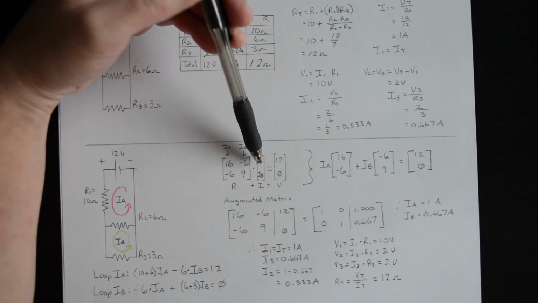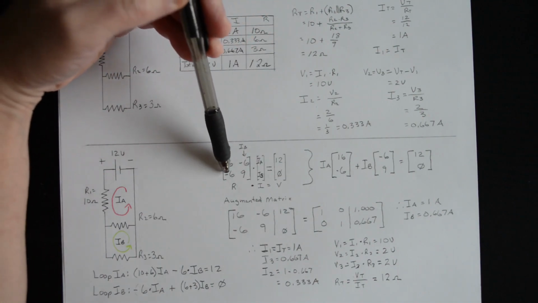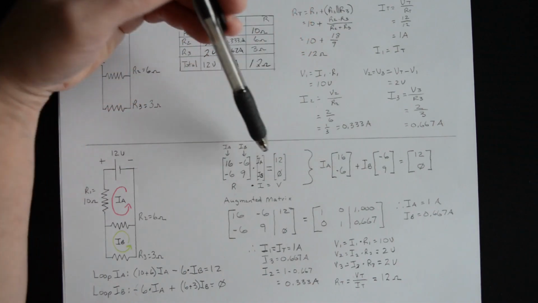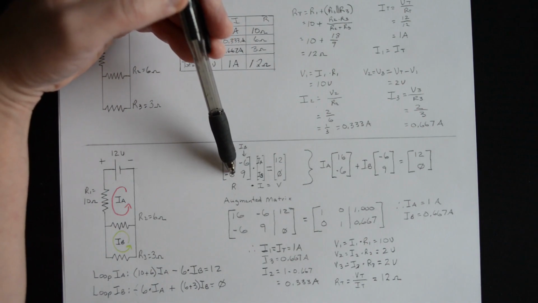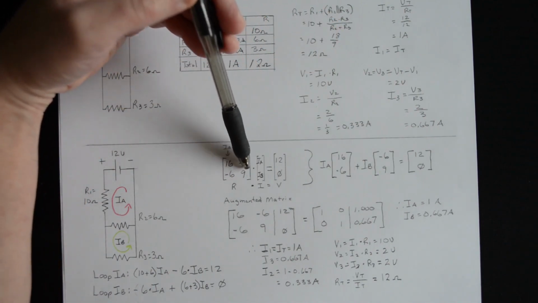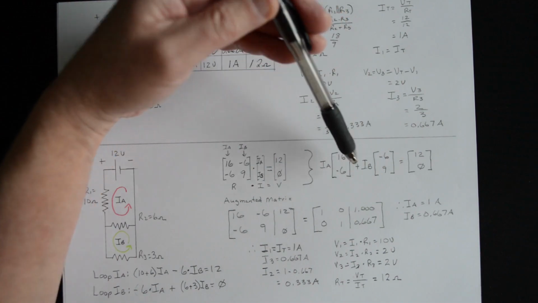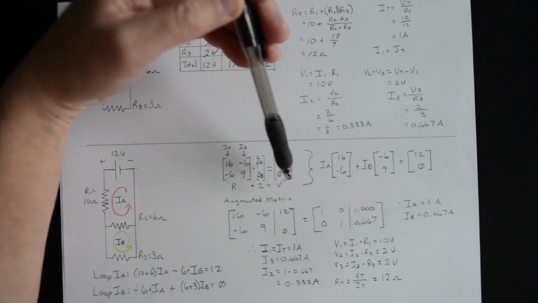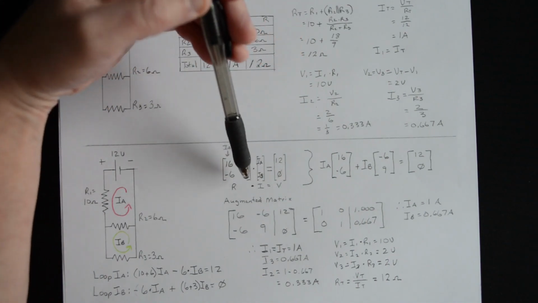How this works out is it's IA multiplied by its components, so IA times this vector, 16 and minus 6, plus IB times its components, minus 6 and 9. So you can see this is that incidence matrix, and we just moved IA over here and IB in here.